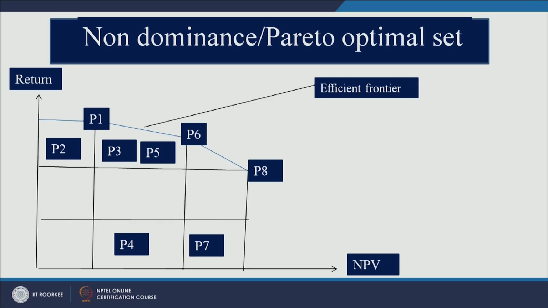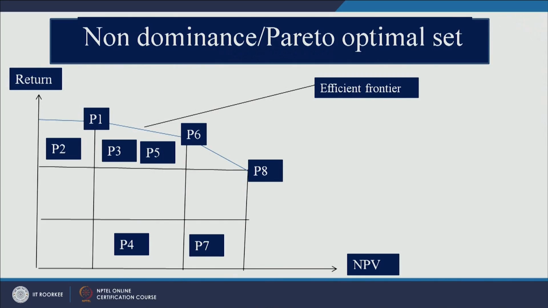So out of these two criteria, P2 is good on this particular criterion, this one, but not so good at NPV. If you look at the P7 project, it is very good at NPV. NPV is this, but return is only this much. Okay. So either you select P2 or you select P7.